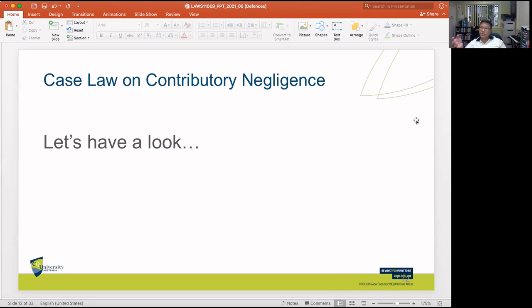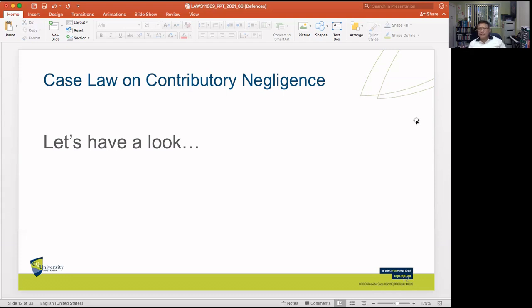The focus is on the actions of the plaintiff himself that caused him or herself harm by his or her own negligence. We then said that the harshness of the all or nothing rule under common law was ameliorated and modified as a result of statutory intervention, in particular the Law Reform Act of 1995 of Queensland, as well as the Civil Liability Act of 2003, Queensland, sections 23 and 24.